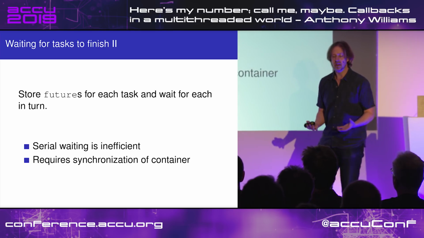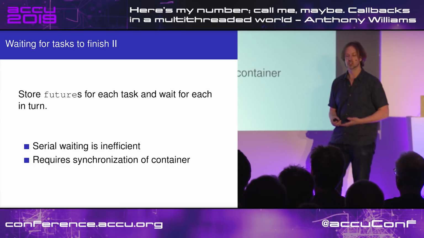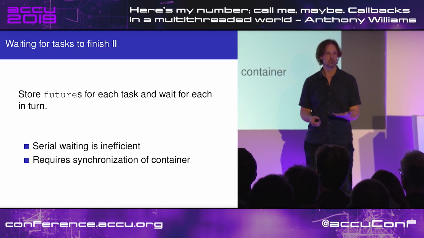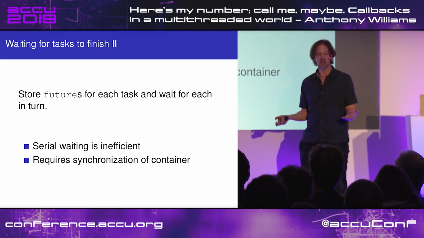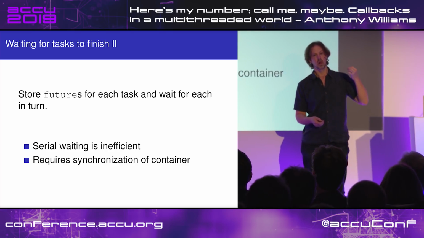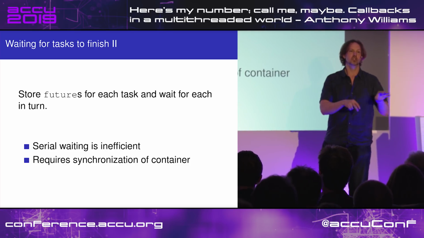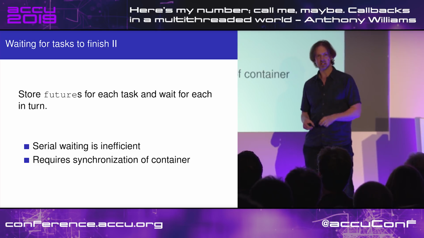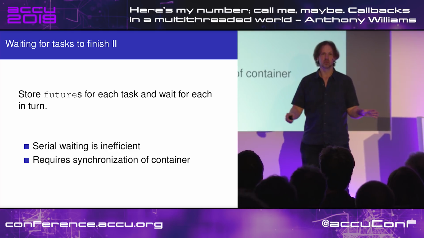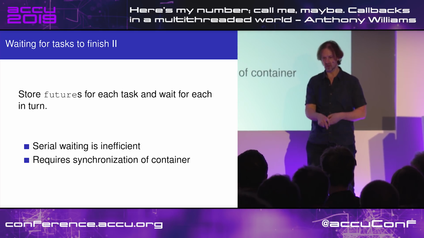And there's multiple ways we could do that. We could store futures from each task and wait for each of the futures. This will work, it's perfectly fine, but if you're just using the standard library as it stands, then all we've got is serial waiting for the futures. We don't have a wait for all of them. We just have wait for this one, then wait for that one, then wait for the third.